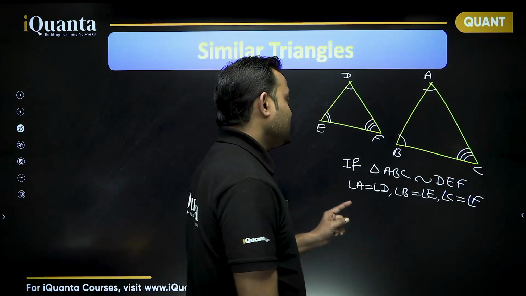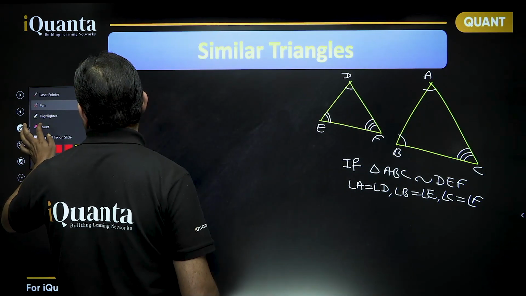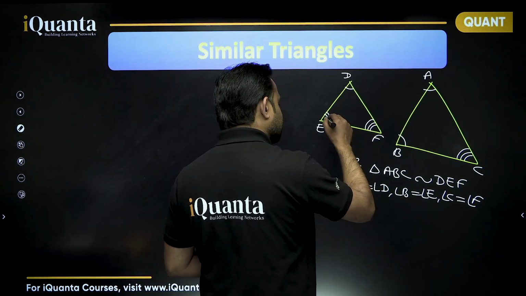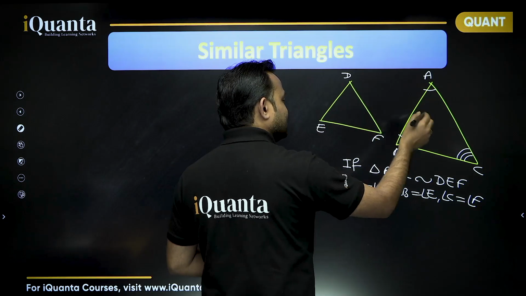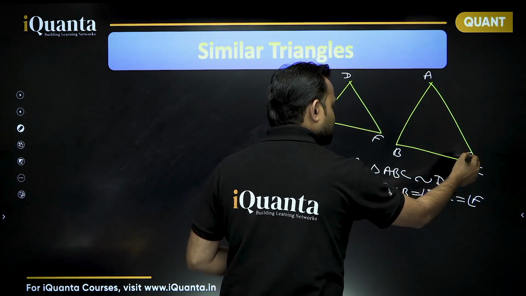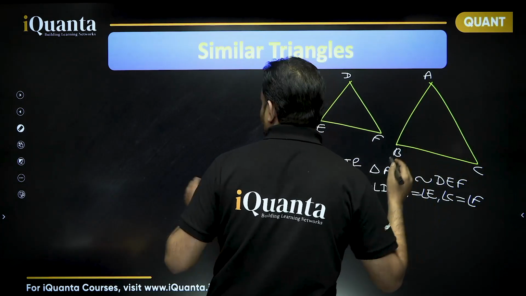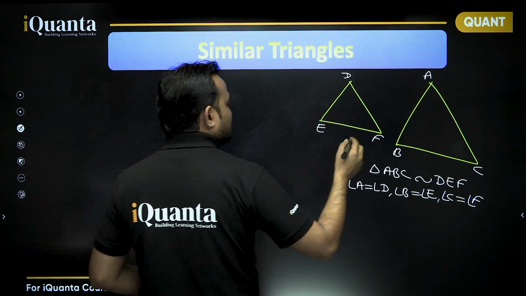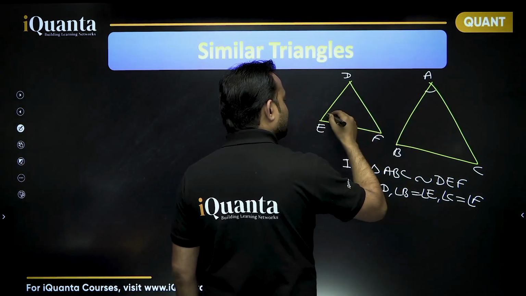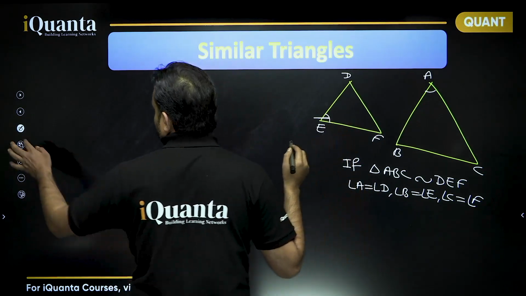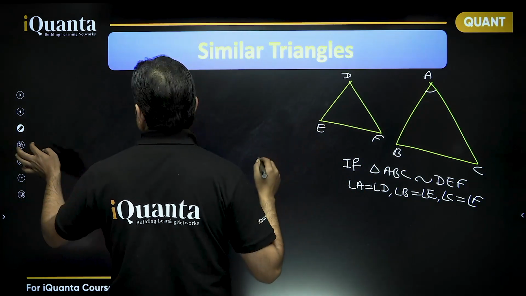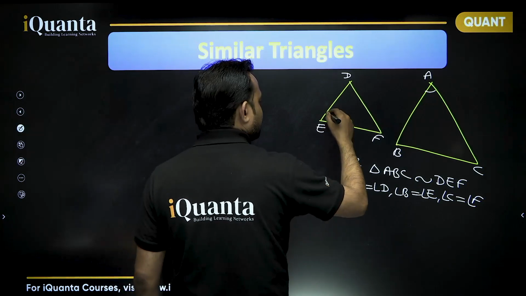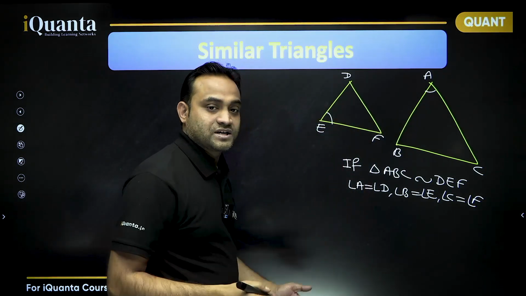Now remember, if the order is something different, let's say angle A is equal to angle E. If this angle is theta, this angle is also theta. Angle A is theta, then angle E is also theta.